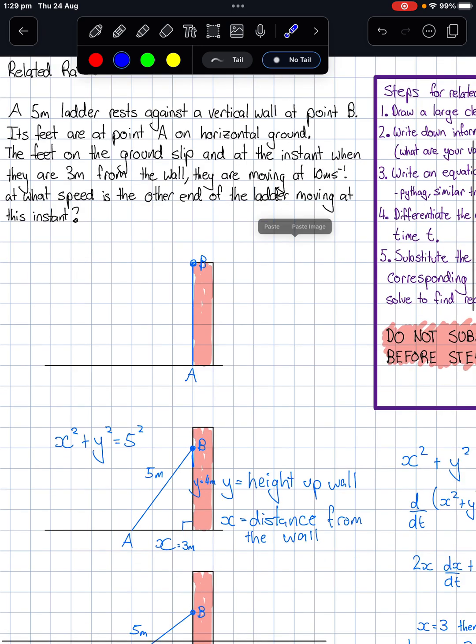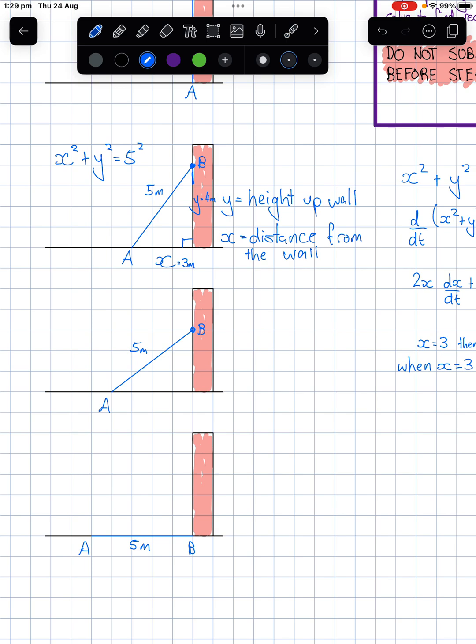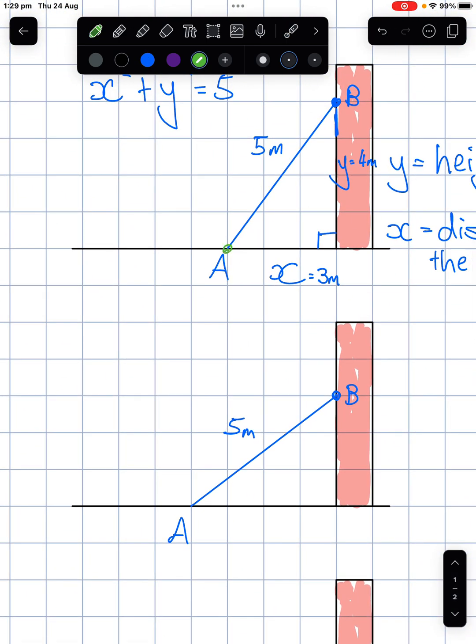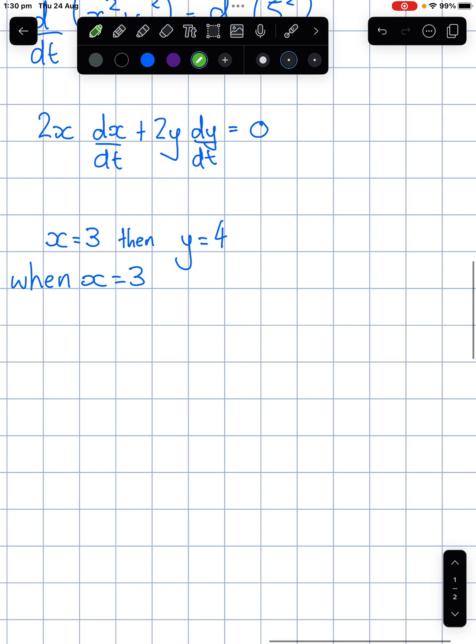So this means that as they kick out here, this actually has this dx dt of 10 meters per second, and that positive sign actually means moving to the left. So it's counterintuitive to how we'd usually set it up, and as long as our reference points are correct, it'll all work. And so we've got here dx dt equals 10.